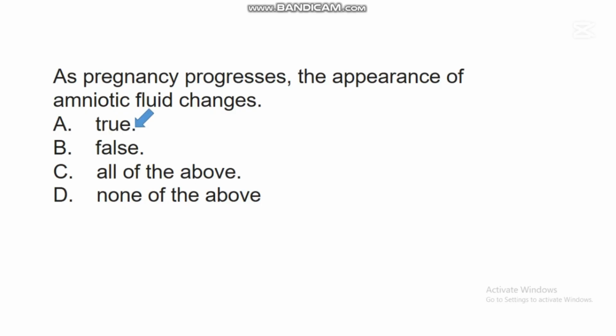So, studies have shown that as pregnancy progresses, the appearance of amniotic fluid changes. So, this amniotic fluid is produced by the amnion, and its appearance changes as the pregnancy progresses.